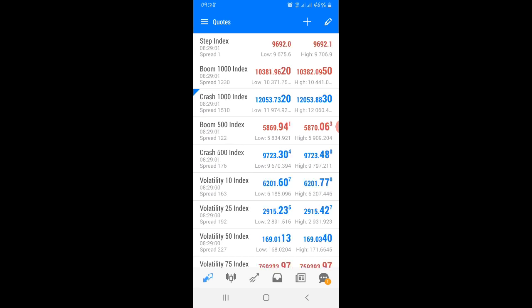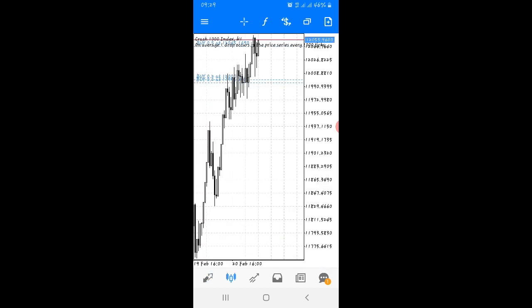You can actually trade crash and boom, another volatility analysis, another volatility without indicators. That is using price action. Now you can see my chart.